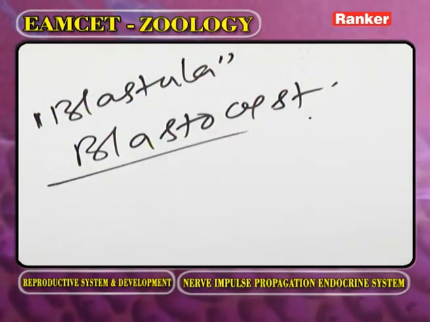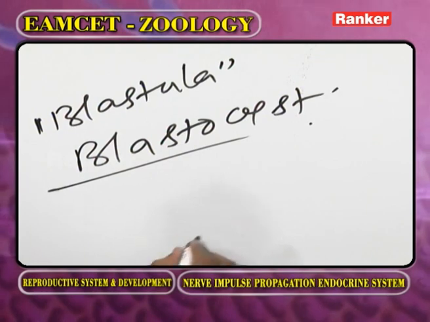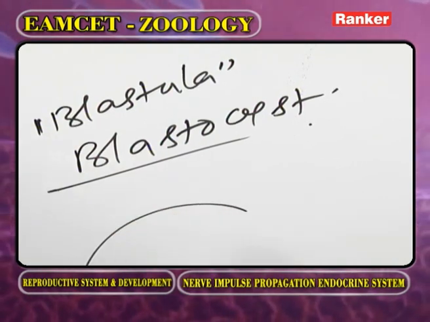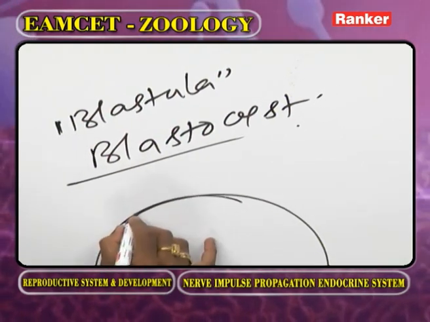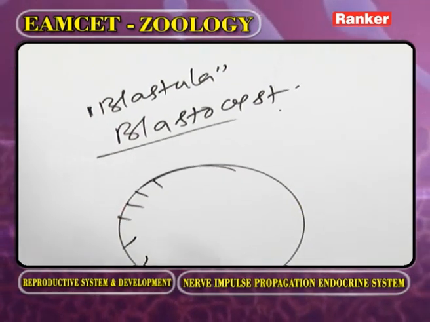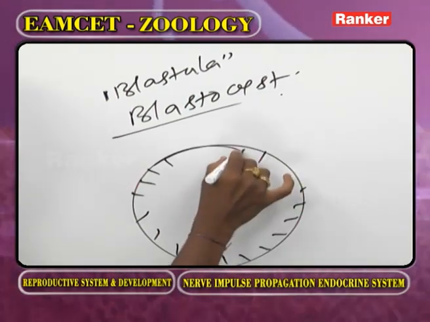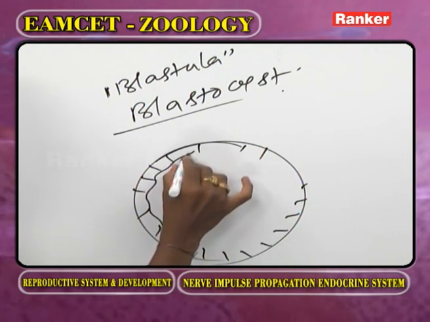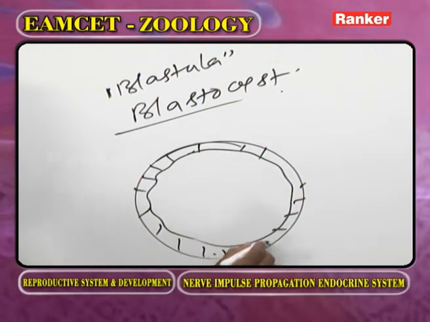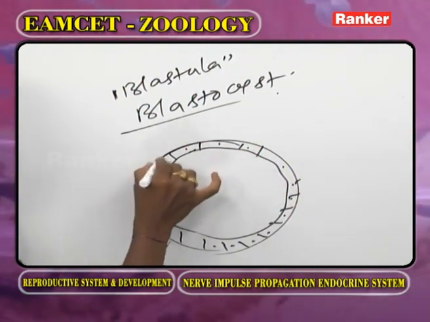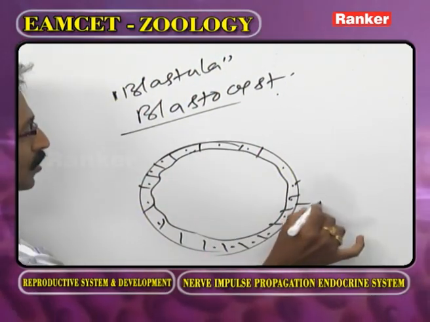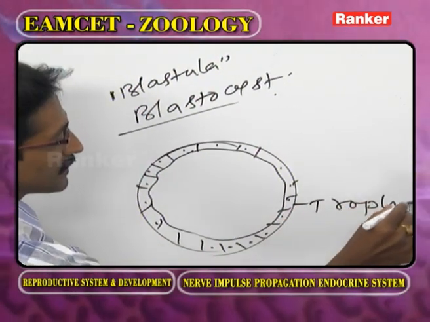We know very well. Now as we observe the blastocyst, this we call the outer trophoblast cells. Now these are called the trophoblast cells. You observe the diagram. Now these are the trophoblast cells.